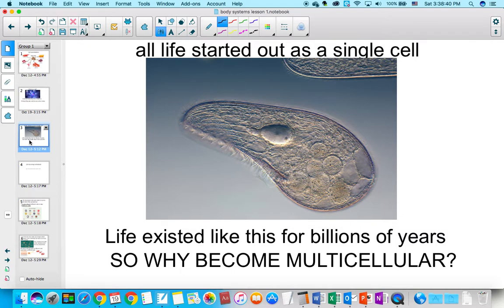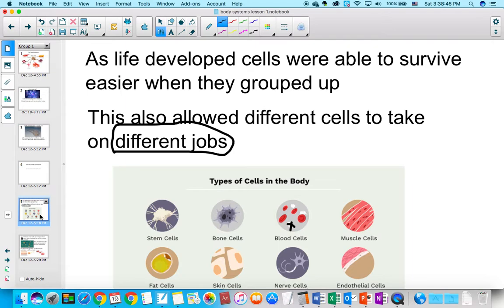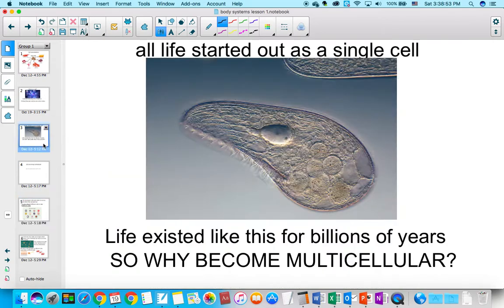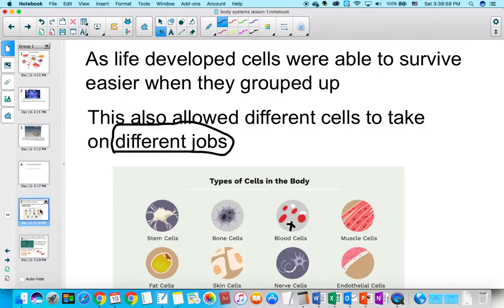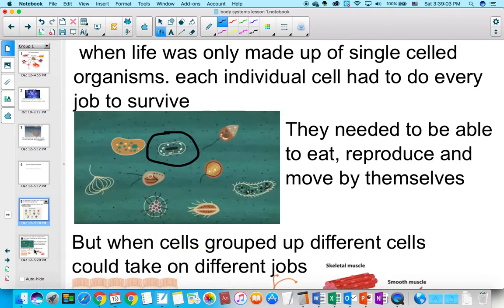As resources became more spread out, or whatever the reason may be, working together became more advantageous. So cells started working together, clumping together, and became multicellular, multi meaning more than one and cellular meaning cells, where different cells did different jobs.